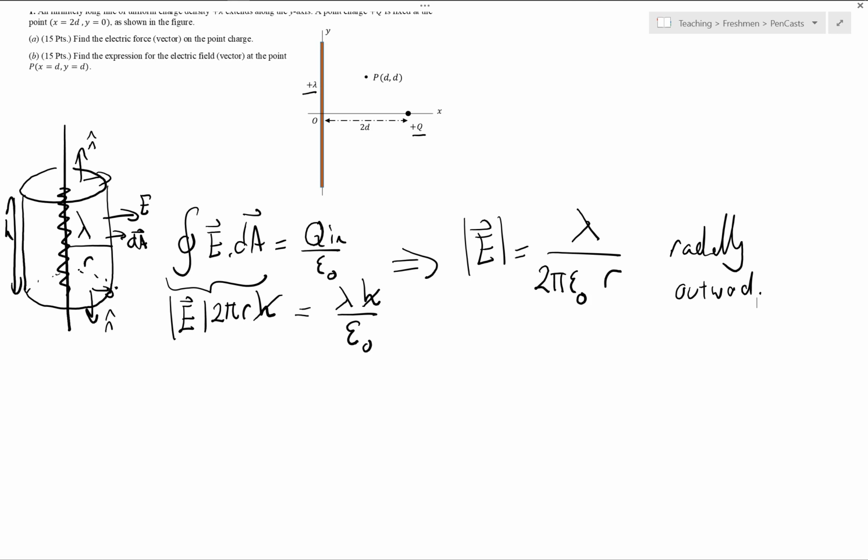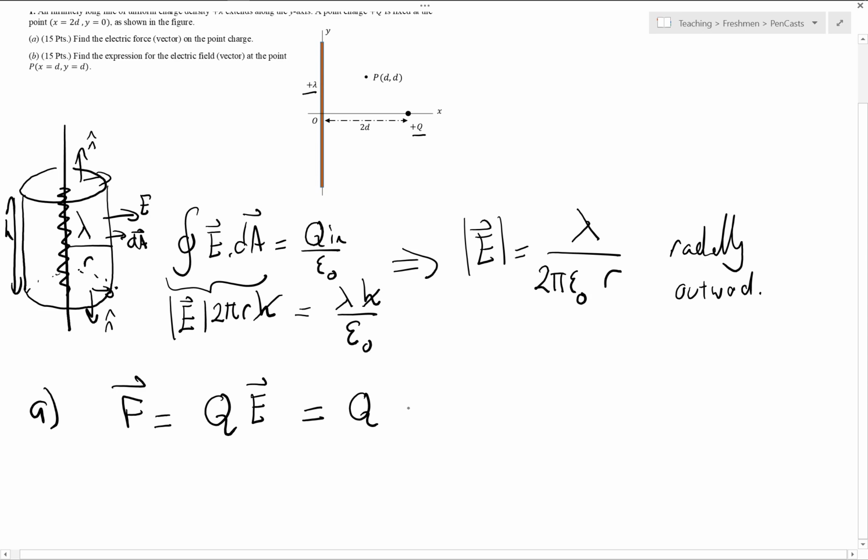So we are asked to find the force on Q, and the force on Q will be just Q times the electric field at that point, right? So what's the electric field at that point? Well, I have Q, the magnitude of the electric field is lambda over 2 pi epsilon 0.